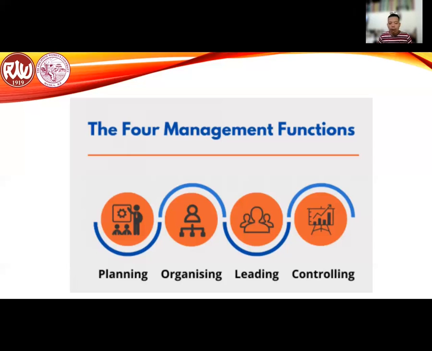Second one is organization. It is also an important function of good administration. The effective and efficient work of the school depends upon good organization. The essential element of an organization is people, what they do and how they work together.